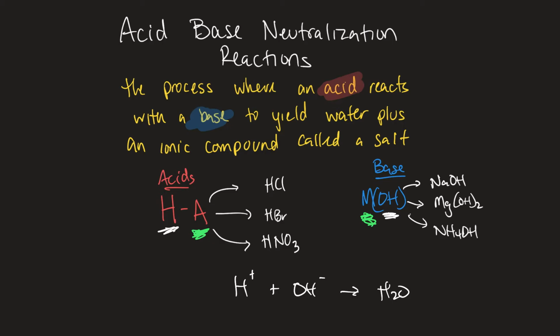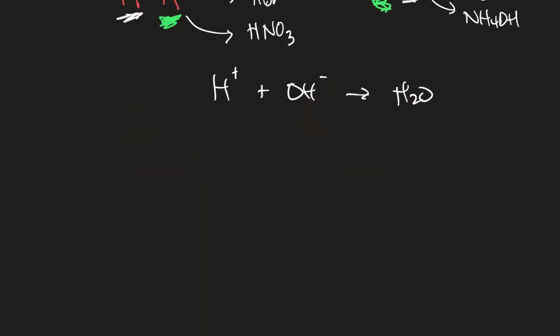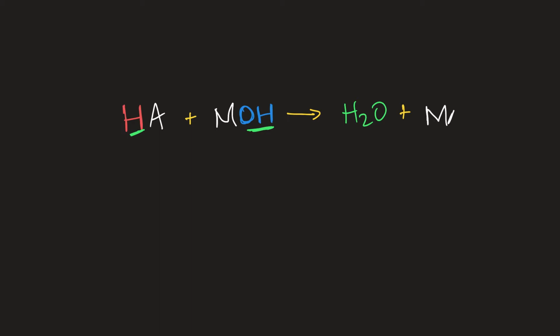If you were to generalize this, we have HA, the hydrogen and its anion, plus the metal bonded with the hydroxide, and what you're going to form is H2O, which comes from these two bonded together, plus your metal, or your cation, with your anion, and most times this will be in an aqueous solution.